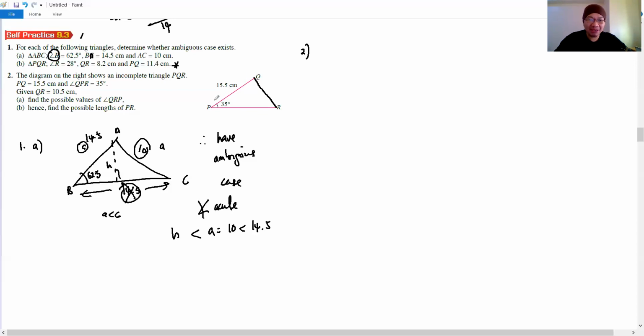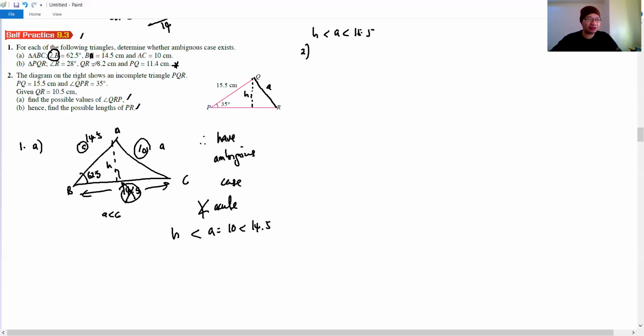Why? You see the PQ length and the QR length are different. QR is shorter than PQ. This is your a, right? So a is lesser than 15.5 and lesser than the height. This is your height. So this diagram has an ambiguous case. That means we are going to have more than one answer for each question. That's why it says possible lengths, with an s at the end.